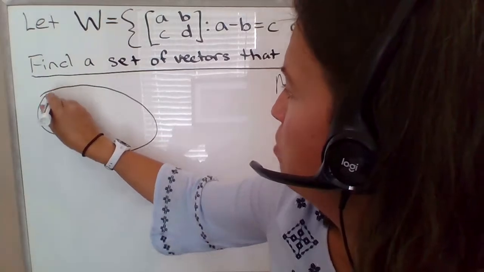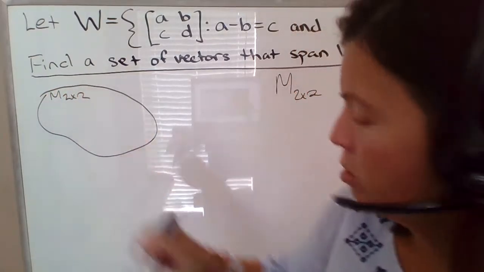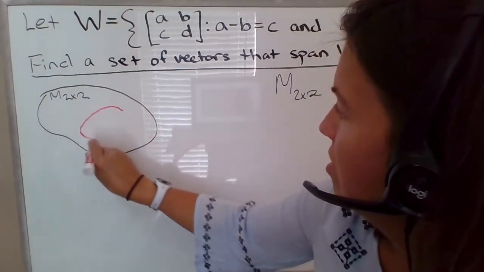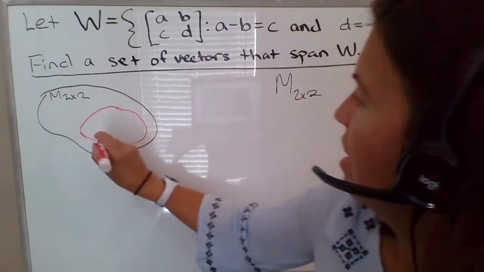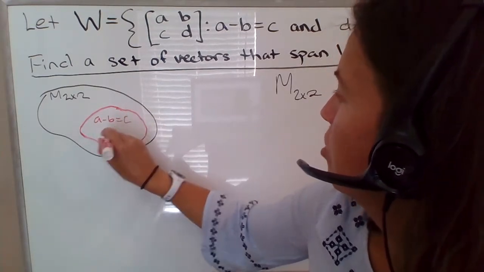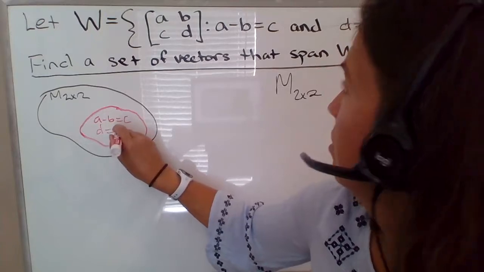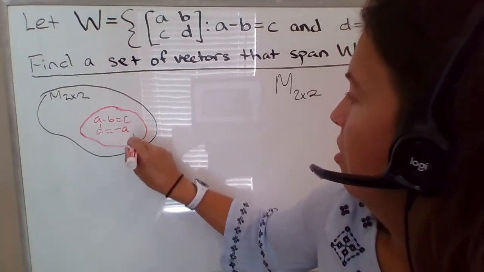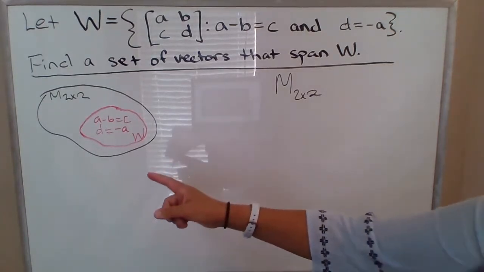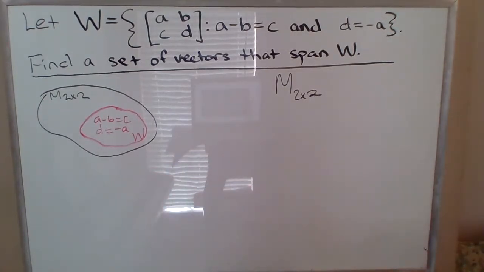If this is your M 2 by 2, the collection of all 2 by 2 matrices, then in this problem we're dealing with a subset that happens to satisfy these two equations, where A minus B equals C and D equals negative A. So this is our set W. Since it's a subset of a known vector space, we don't have to go through all 10 properties. If we wanted to show that it was a subspace, we could just show that it satisfies the 3.